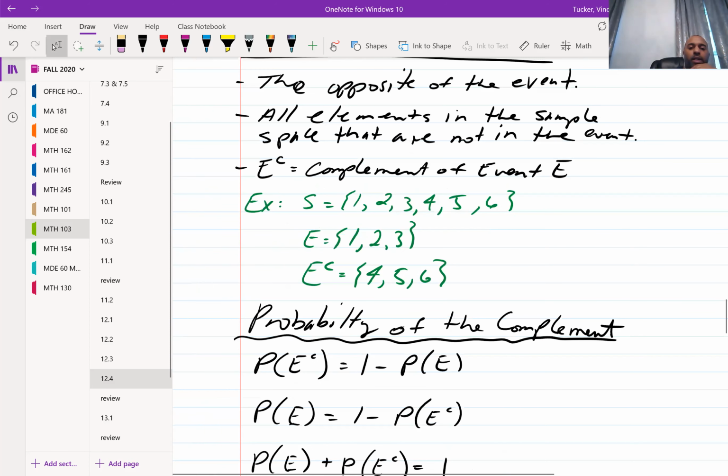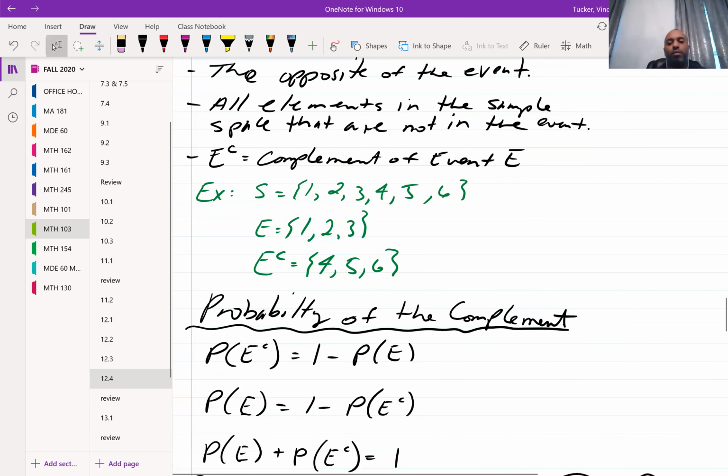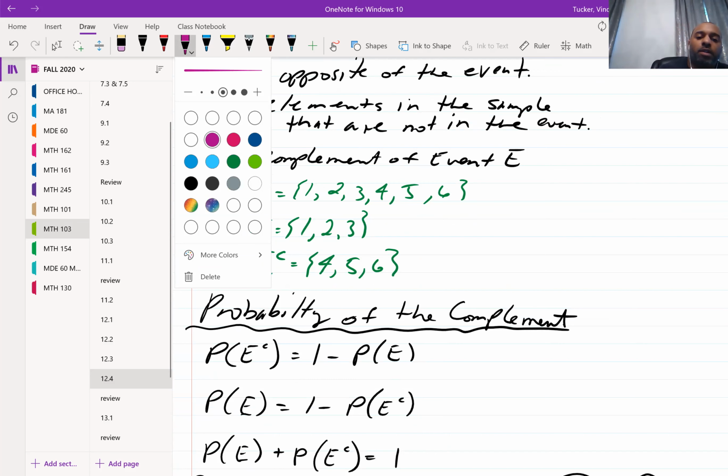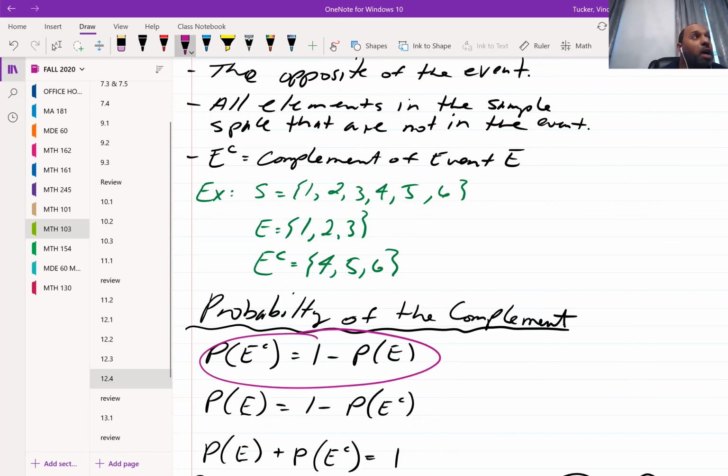All right, the way we can calculate the probability of the complement: if you already have the probability of your event, you can subtract it from 1. So 1 minus the probability will give you the probability of its complement. Or if you have the complement and want to find the probability of the event, you can subtract that from 1.